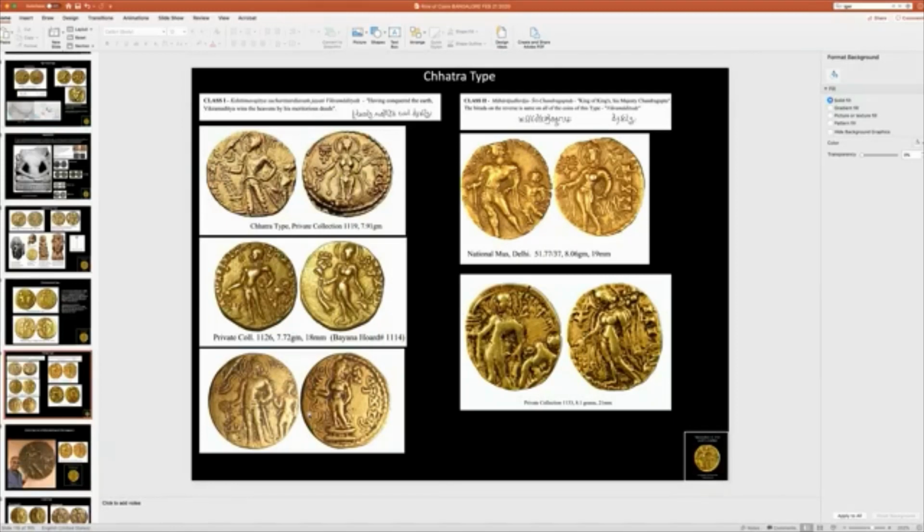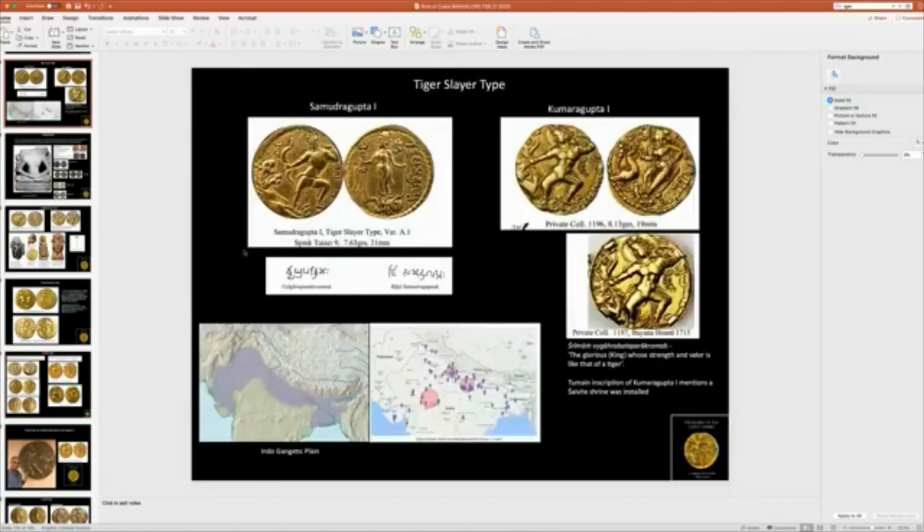So what do we know here? We know that Chandragupta II was also very involved in conquering the Kshatrapas, the Western Kshatrapa kings that had control over the Gujarat, the Malwa, the Saurashtra region. So that region, which is right here, was under the Kshatrapa rule.